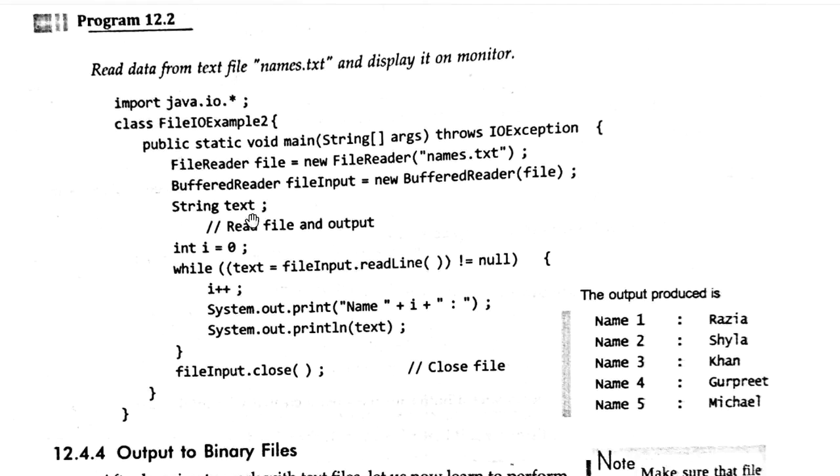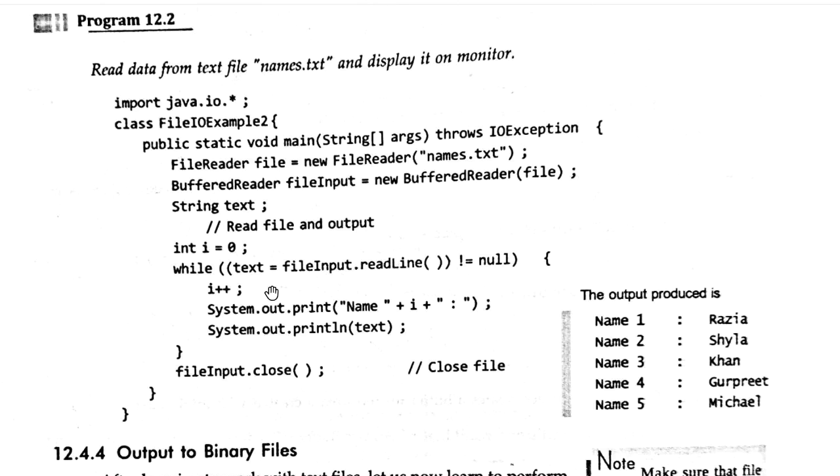So this is the code. Main function, FileReader object, file name is names.txt, BufferedReader object, where the FileReader object has been passed as a parameter for the constructor. Then String text, i equal to 0, while text equal to fin.readLine, where fin means the BufferedReader object dot readLine. It is reading the line as input.